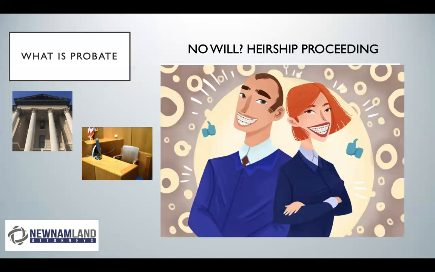If you've seen our previous presentations, I've used this picture here to represent my own kids on various occasions, but that's meant to represent the family members of someone who has died without leaving a will. So probate can also be the process by which you determine who should get the deceased's belongings if they did not leave a will, or if a portion of their will is invalid.